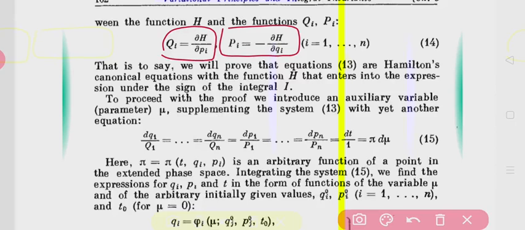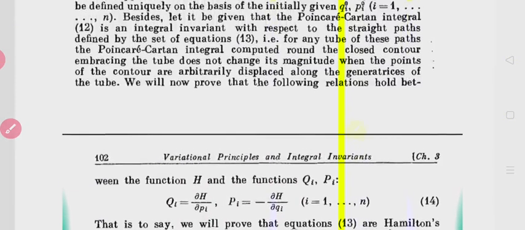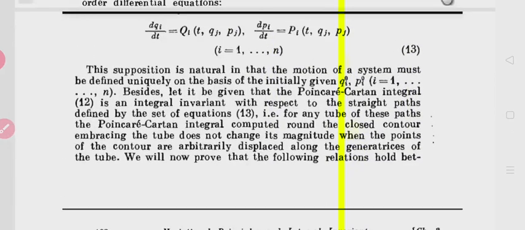So for this proof, we introduce some variable mu, and we are rewriting equation number 13 which is given over there. So I am rewriting this equation: dqi over dt is equal to capital Qi and dpi over dt is equal to capital Pi, for i equal to 1 to n.